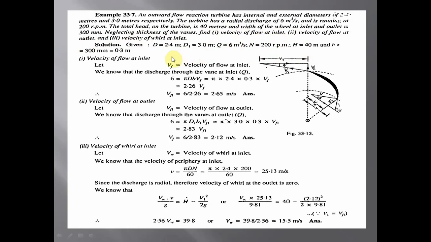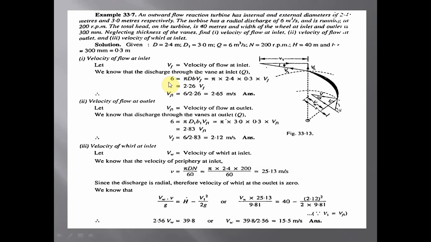So given, diameter D is equal to 2.4 meters, then D1 is equal to 3 meters, then Q is equal to 6 meters per second, N is equal to 200 rpm, H is equal to 40 meters, and width is 0.3 meters. Let Vf be the velocity of flow at inlet.